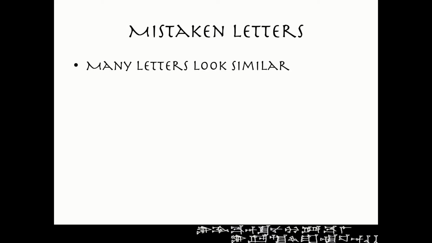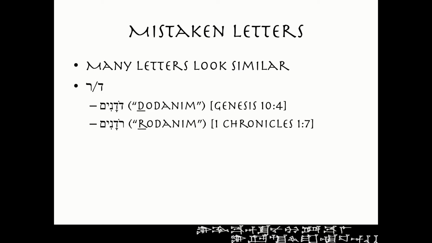So, mistaken letters. There are a lot of letters in both the Hebrew Bible and the New Testament Greek that look similar to each other. One example from the Hebrew Bible is the confusion of resh and dalet. Resh is an R sound, dalet is a D sound. The resh is on the left, the dalet on the right. The first word is pronounced dodanim, in Genesis 10:4.